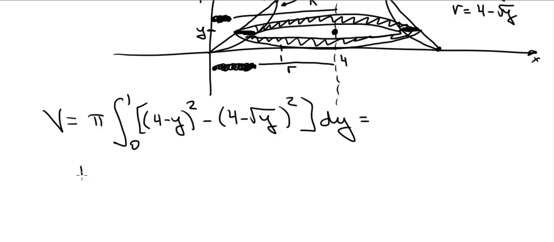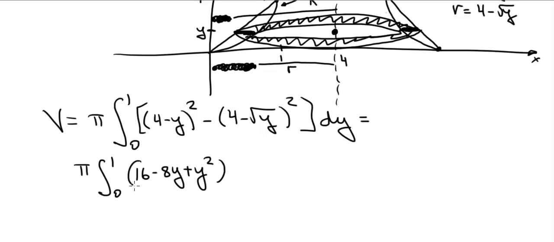So let's simplify this. This is pi times the integral between 0 and 1. We have 16 minus 8y plus y squared, minus 16 minus 8 times the square root of y plus y.